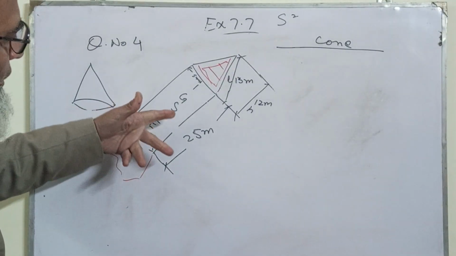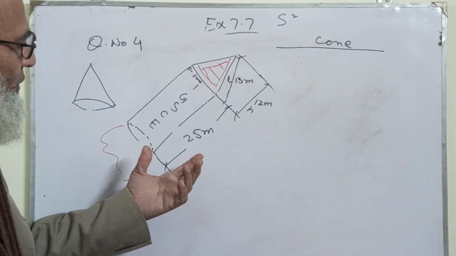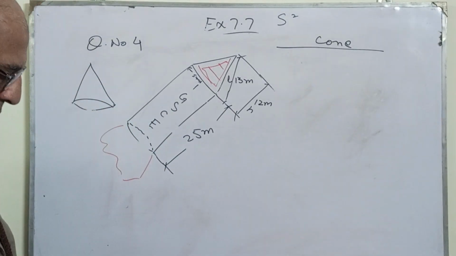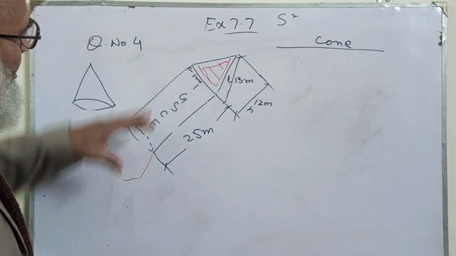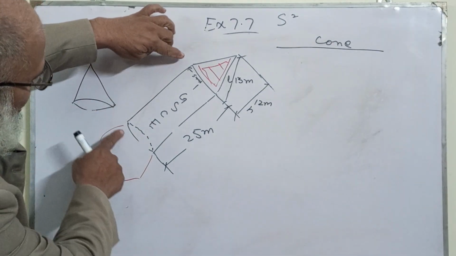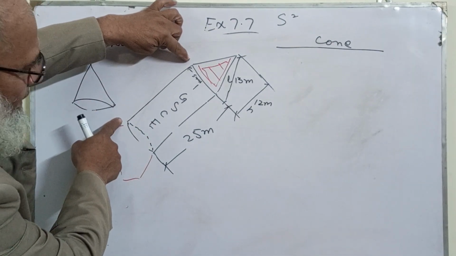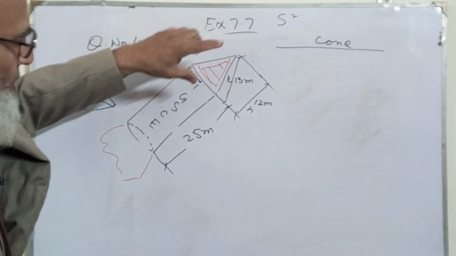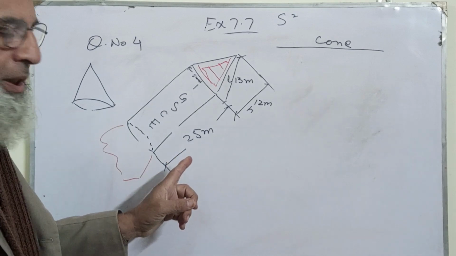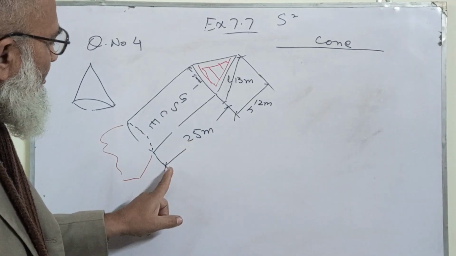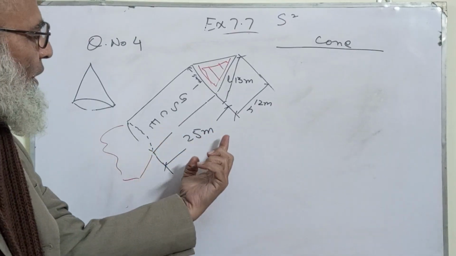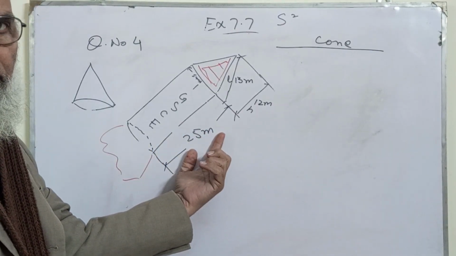Just emphasize the dimensions which are given to you. Consider that this part from here to here is a cylinder, and from here to here is a cone. The height of the cylinder is 25 meters.